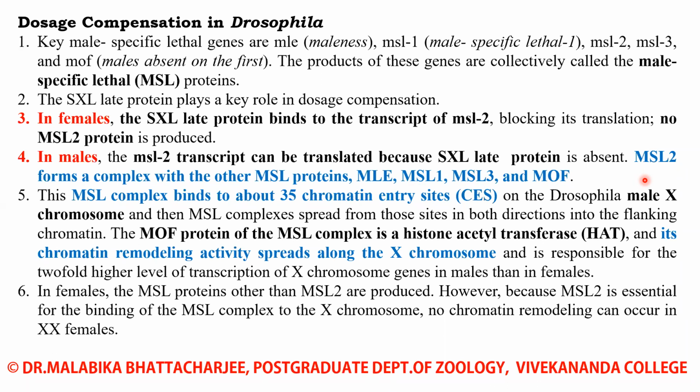Now this complex as a whole, the MSL2 protein along with the MLE, MSL1, MSL3 and MOF, together they form the male specific lethal protein complex. This complex can bind to a chromatin entry site, CES, on the Drosophila male X chromosome, and in a very similar manner to the mechanism in X inactivation, the complexes spread over in both directions over the chromosome.